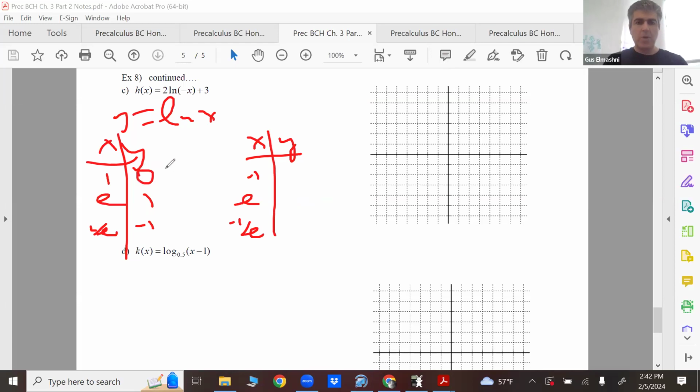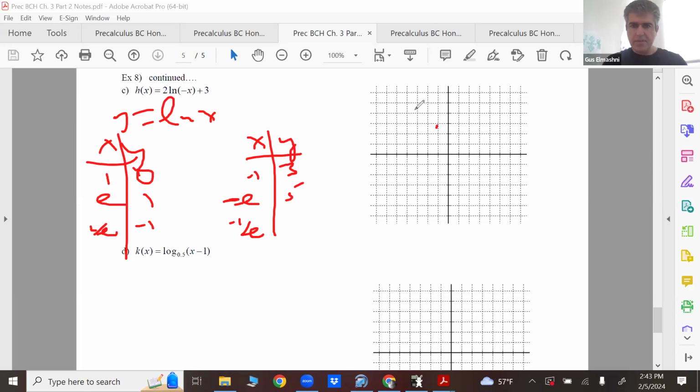Okay, let's try it again. Multiply by 2 and add, so that's 3 now, right? Okay, that's better. And then if I plug in, that's negative e. If I do negative e, multiply by 2 and add 2, that's 5. Okay, that's better now. There we go.